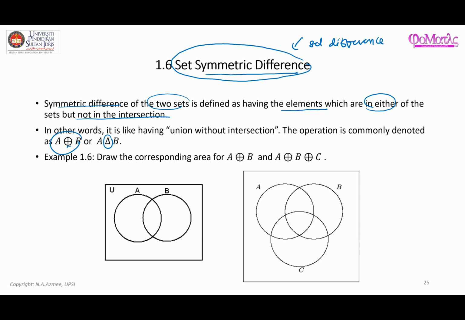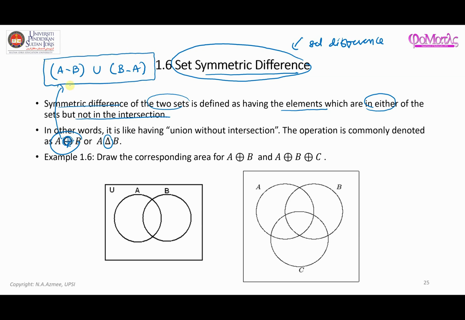Now, the idea of symmetric difference is very simple, really. It is about having the union of the set difference between A and B, and B and A. So that's the idea of this symbol. The symmetric difference is about finding the elements that are in either of the sets but not in the intersection, and it can be mathematically represented by this process.